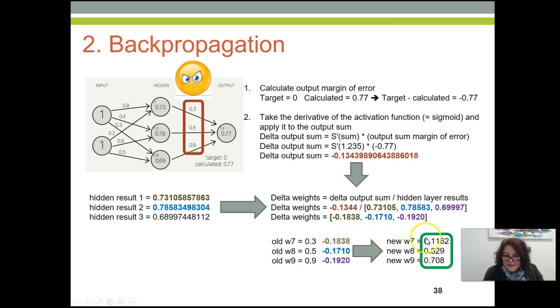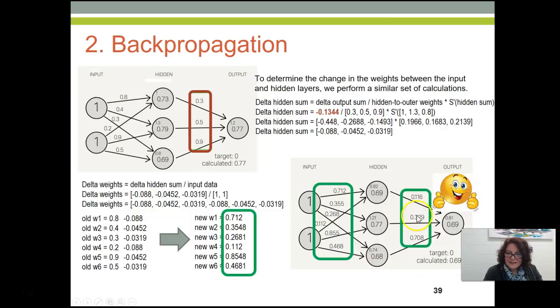So our new weight 7 becomes 0.1162. Our old weight 8 of 0.5 is adjusted by minus 0.1710, so that our new weight 8 becomes 0.329, and our old weight 9 is adjusted from 0.9 by minus 0.192 to our new weight 9 of 0.708. Now we can enter our new weights right here.